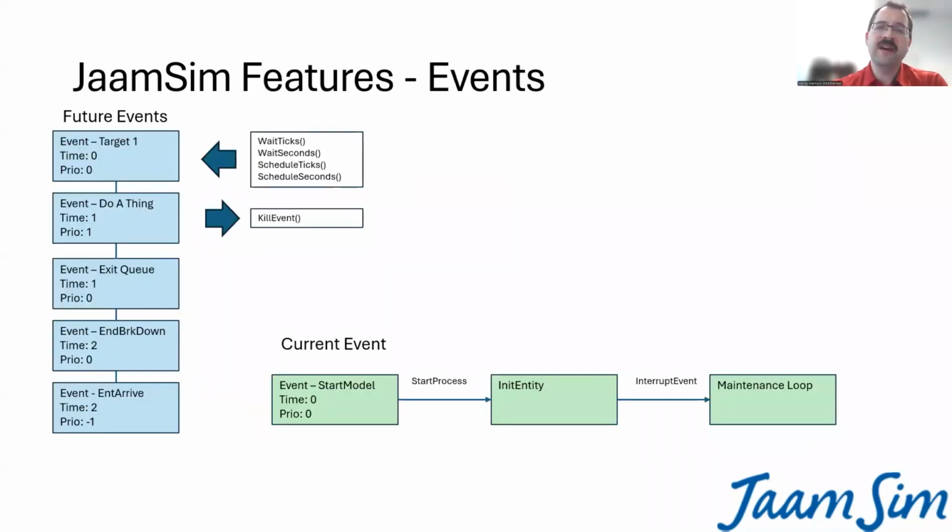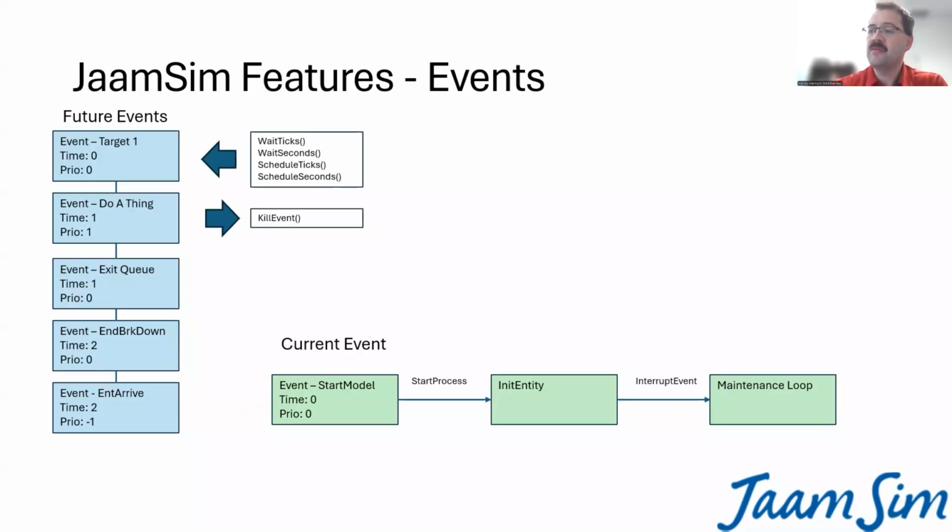At a very high level, all JaamSim is really a list of future events that can be added to, where you have a lot of things looking to be scheduled. The next event will be taken off the list and made the current event. So say at the very beginning of a JaamSim model run, you'll have a start model event.